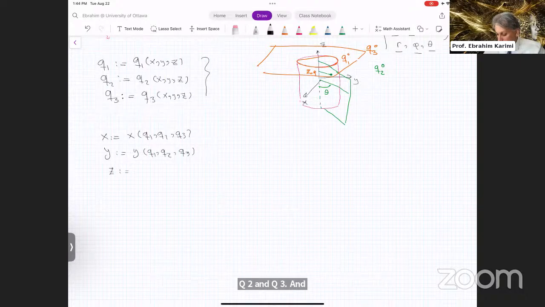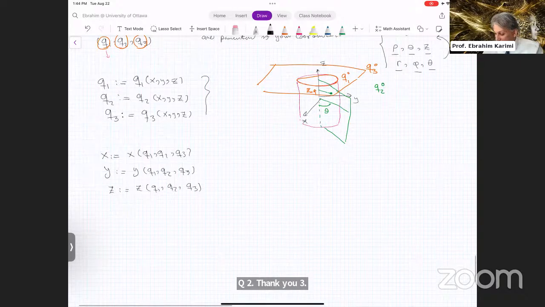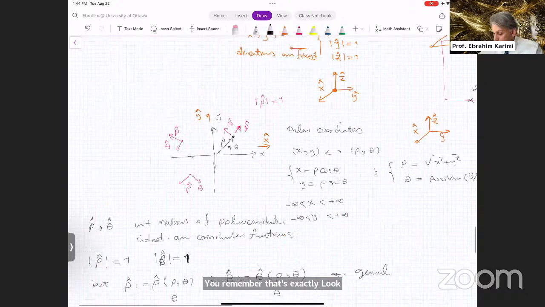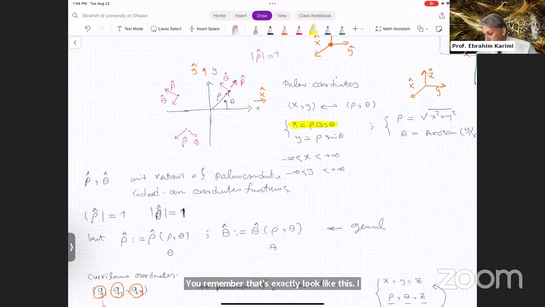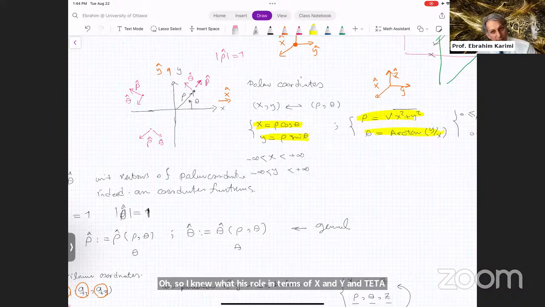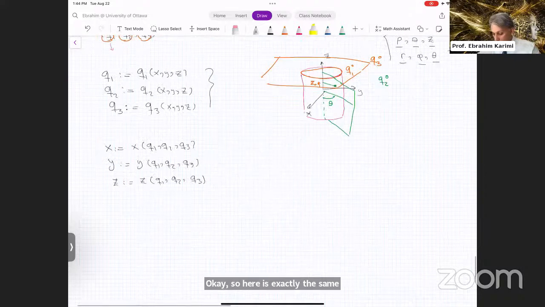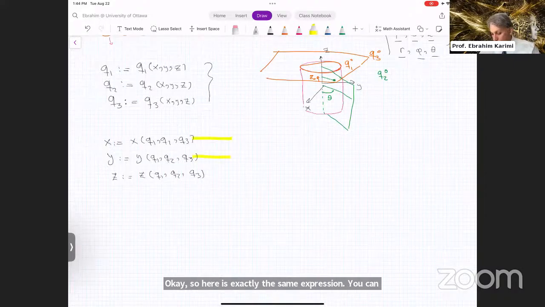And Z as well. Remember, that's exactly like this. I know what X is in terms of rho and theta. Also, I knew what rho is in terms of X and Y, and theta as well in terms of X and Y. So here is exactly the same expression. You can write X in terms of Q1, Q2, Q3, Y as well, and Z as well, or in the reverse way, you can determine Q1, Q2, Q3 as functions of X and Y and Z.